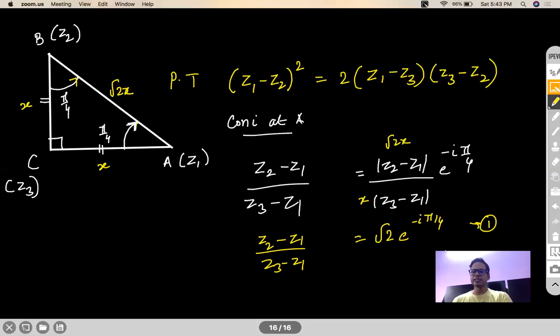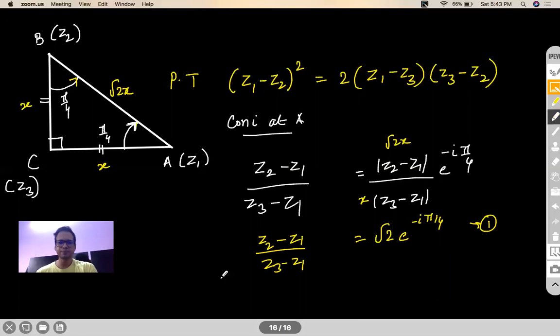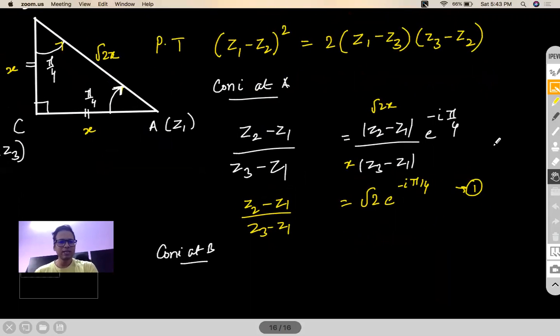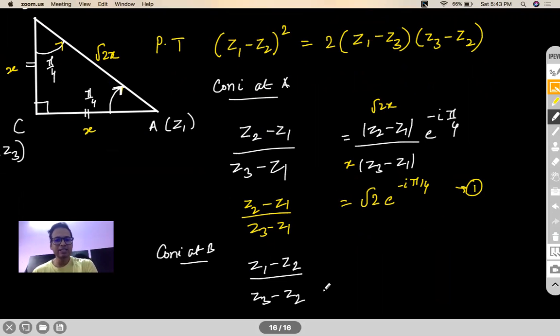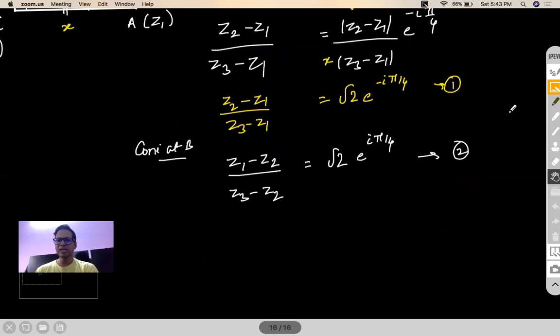Similarly, if I apply Kony at B, what will I write? I will write (Z1 minus Z2) by (Z3 minus Z2) equal to again root 2 e to the power i pi by 4. Let's call it 2. In order to eliminate e to the power i pi by 4, I will multiply 1 and 2.